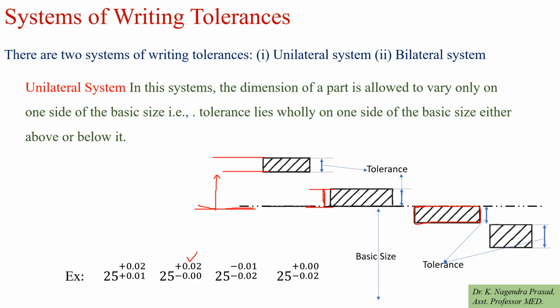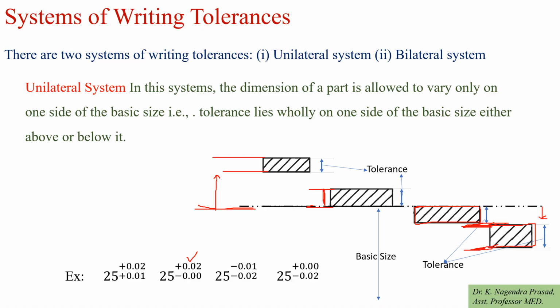So here the dimension of the part is varying below the basic size. Similarly, in another example, the maximum size is 25 minus 0.01, which is 24.99, and the minimum size is 24.98. So here also the dimension of the part is varying below the basic size.